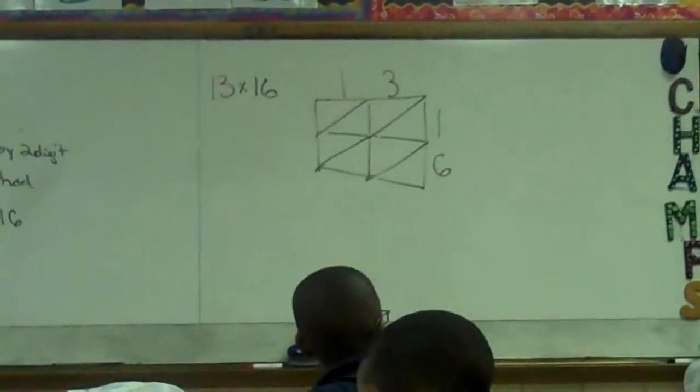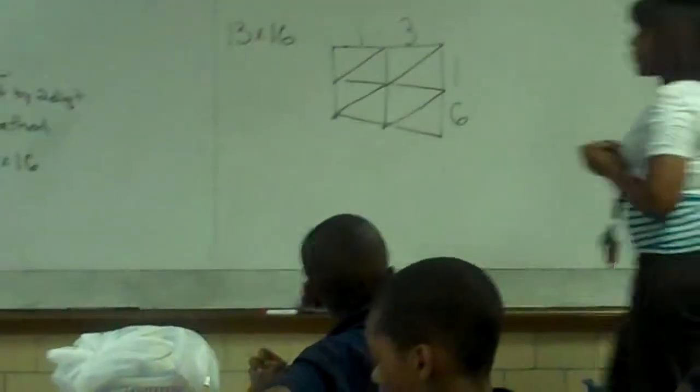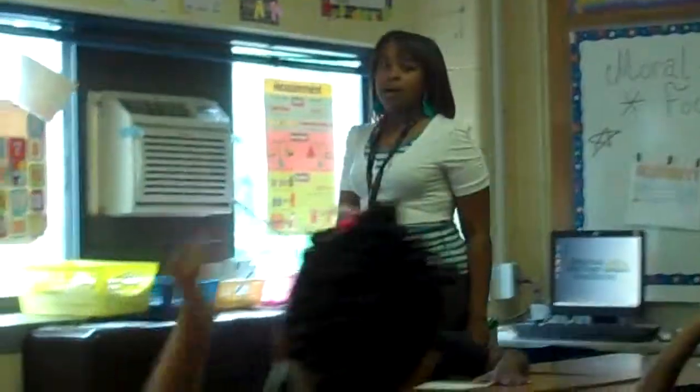Okay? Now I want you to pay attention to what's about to happen. Matter of fact, I'm going to need some volunteers to help me. Let me pick some people. Can I get Kaylin? Kaylin, go ahead to the front.